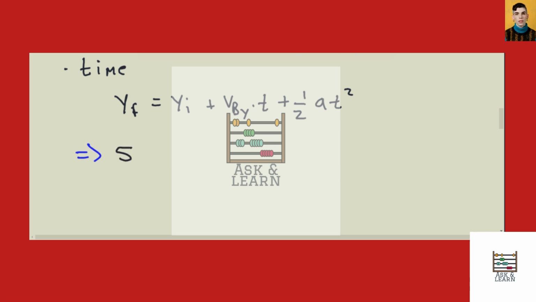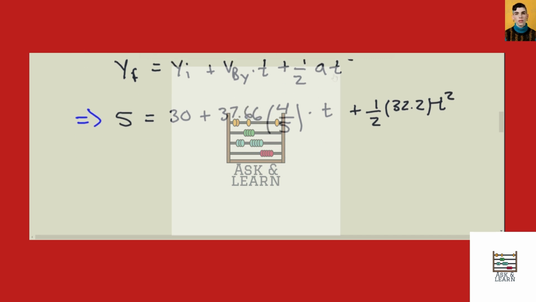So we have 5 equals, initially at point B it's 30, plus the velocity b in the y direction, 37.66 times the ratio 4/5, times t, plus 1/2 times a, the acceleration, which since we're dealing with feet is 32.2, and then t squared.